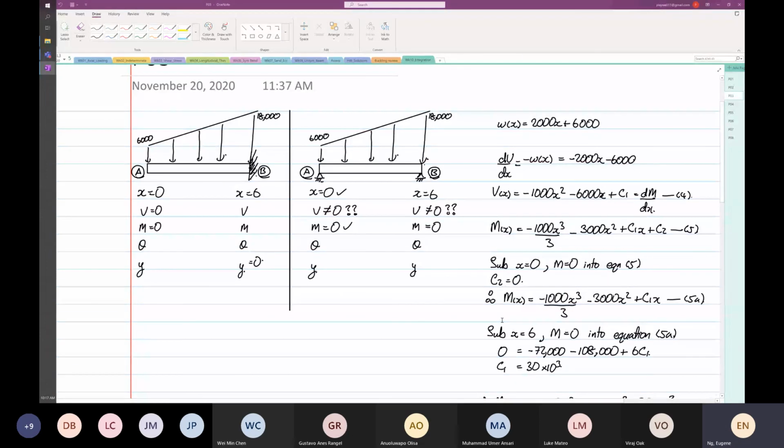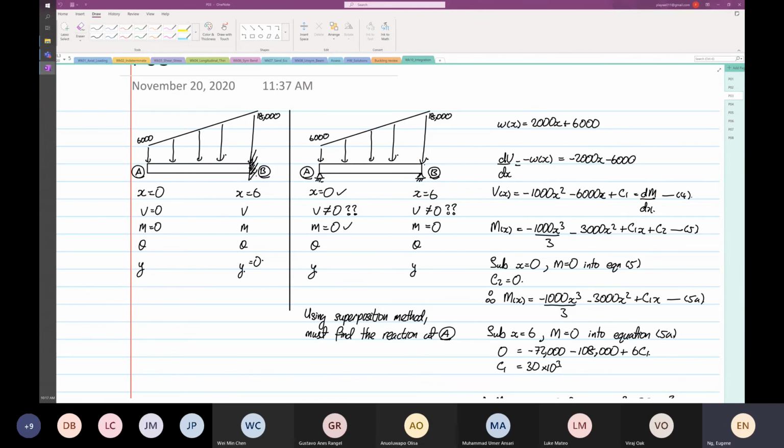Using the superpositioning method, the problem is this: you must find the reaction at point A first.